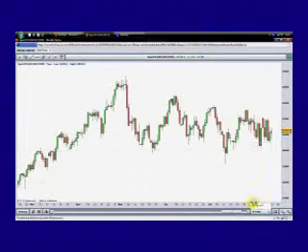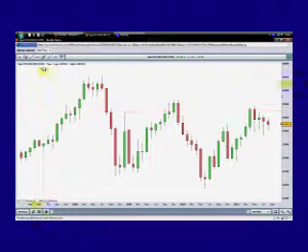We're going to look at the monthly chart of the Euro USD, and I want you to pay attention carefully here. You can go back and watch this video again if you are a new trader.